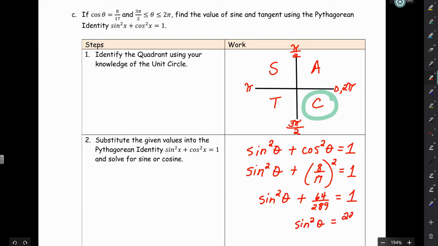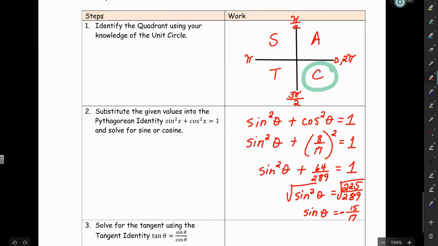That gives us 225 over 289. We're going to take the square root of both sides, and we're going to get the sine of theta is equal to the square root of 225 is 15. The square root of 289 is 17. And be careful now, the sine in the fourth quadrant is going to be negative. So we want to make sure that this guy is negative. So the sine of theta is negative 15 over 17.